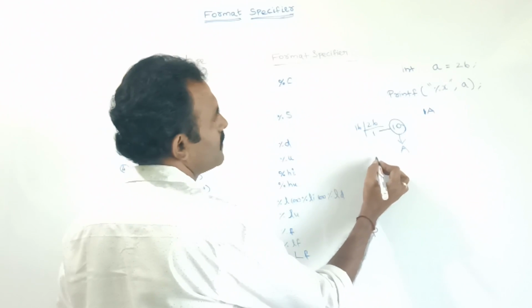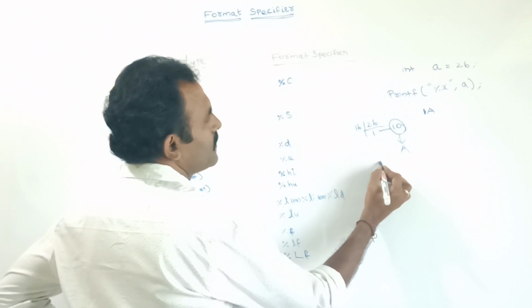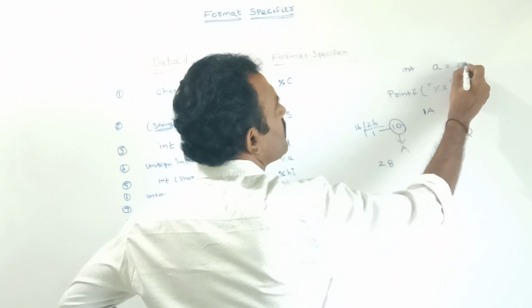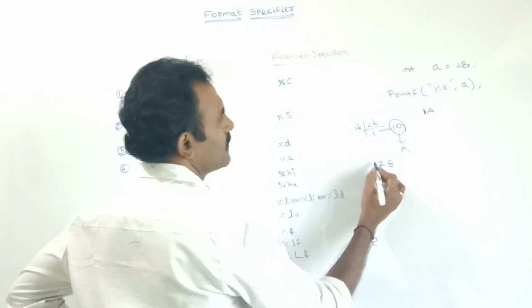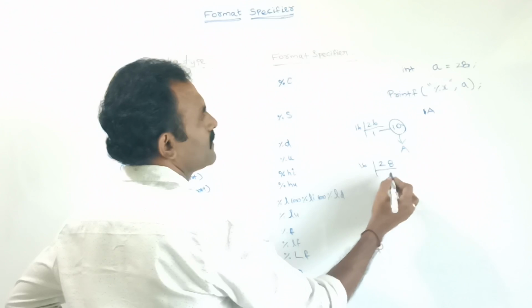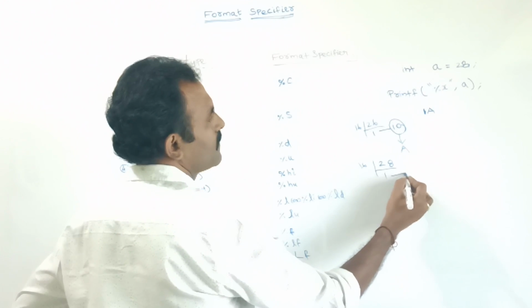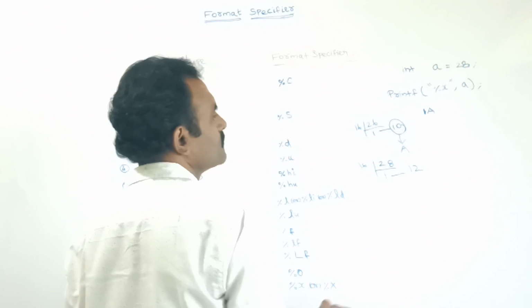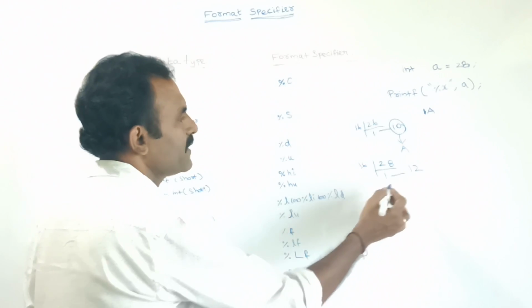Suppose here 28. The remainder value is 12.